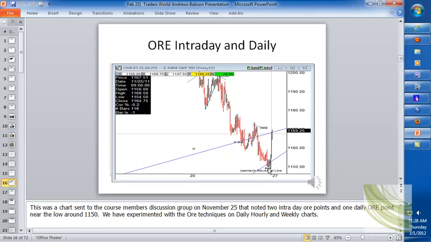So I sent this out, and over here it says Janish reversal line. Well, truth be told, that was really a massive OR, and we used daily bars for that. This was at a price of 1150 in the S&P.